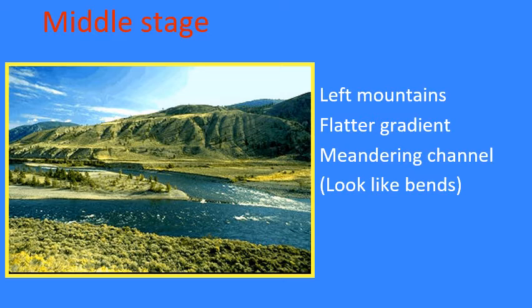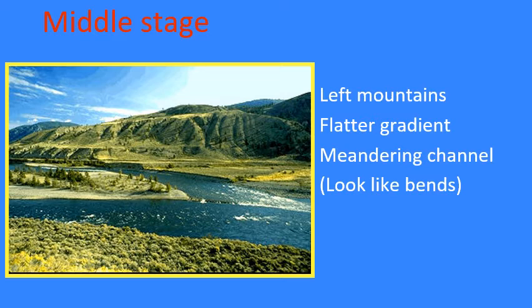Because the river is flowing along a slightly flatter gradient, the river starts to meander. Have a look at that photograph. When I say the river is meandering, I am saying to you that it is winding from side to side. So when we say that a river has a meandering channel, we are saying that it creates loop-like bends across the landscape.